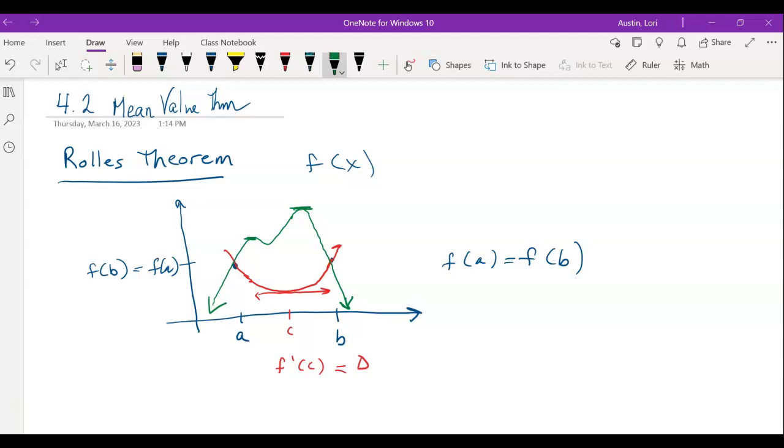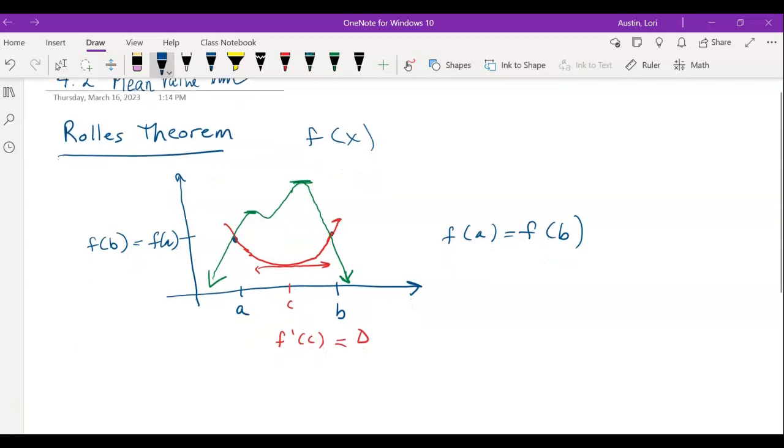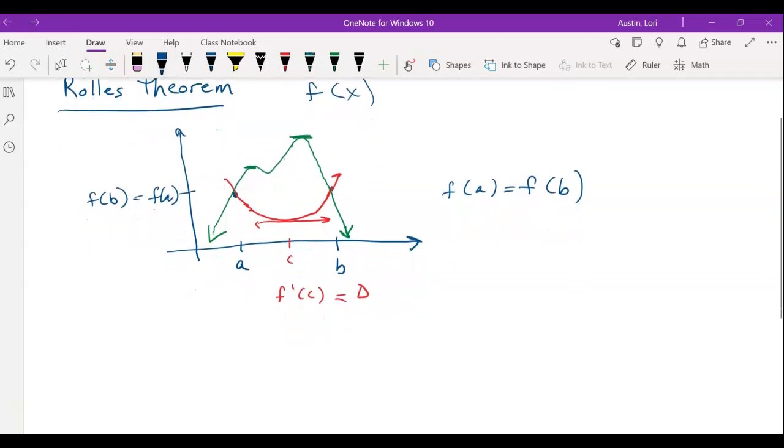So now that you've seen the picture, let's write the theorem down. So here's the theorem. We'll try to write it and leave the picture up there. So the actual theorem. What do you think must be true about f itself, first of all? F has to be, in order for this to work, what do you think? Say it.